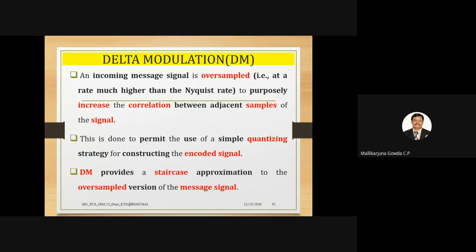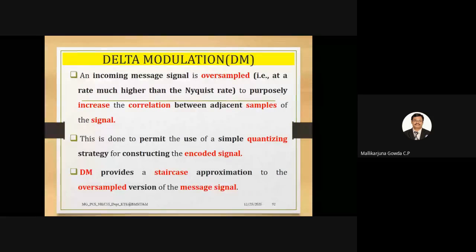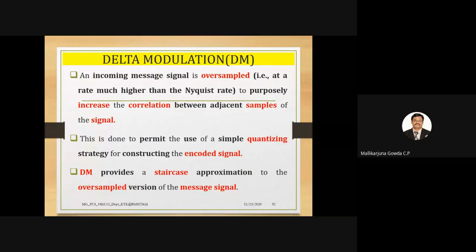It is done to use a simple quantizing strategy for constructing the encoded signal. We are aiming at reducing the bandwidth, right? So how do we reduce the bandwidth? We need to reduce the number of bits used to represent the quantization levels, right? So for that we are doing all this.